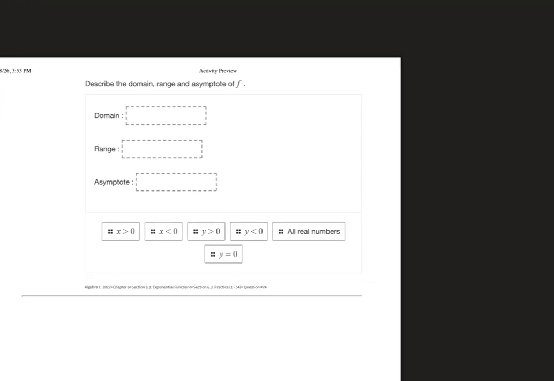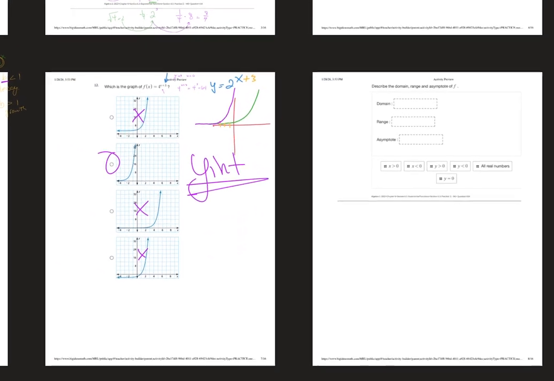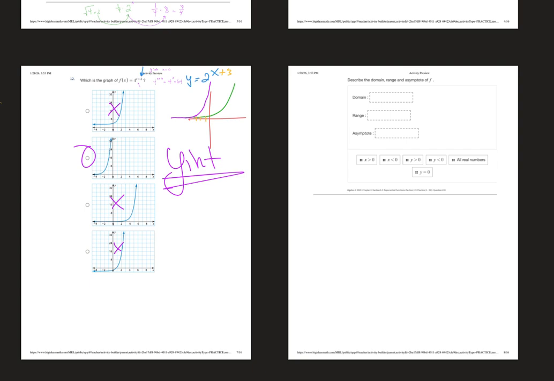Describe the domain and range and asymptote of f. So I'm guessing this is like 12 continued. So the domain of f is, let's see, all real numbers. That is the domain. And we talked about this yesterday in class. Again, if it looks like this, x is going to exist everywhere here.